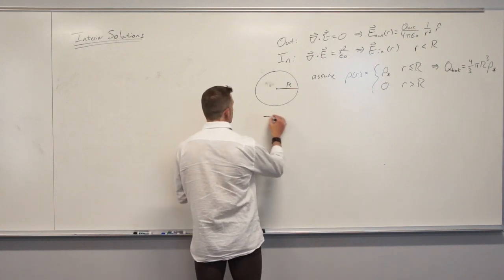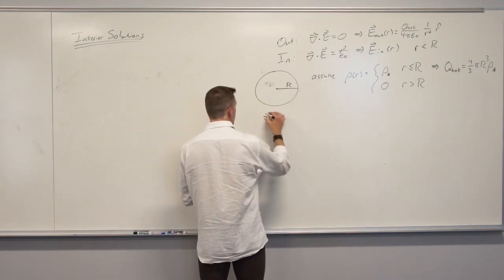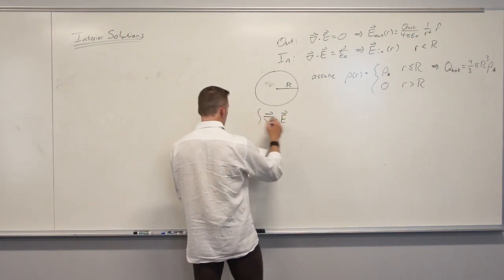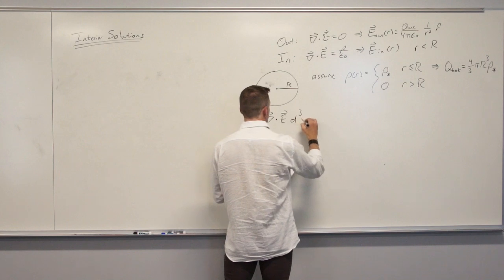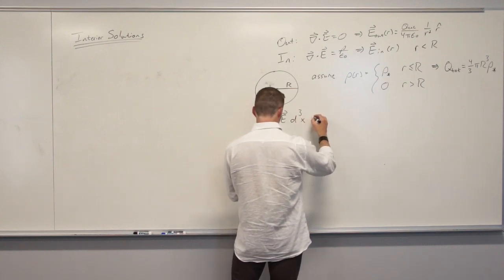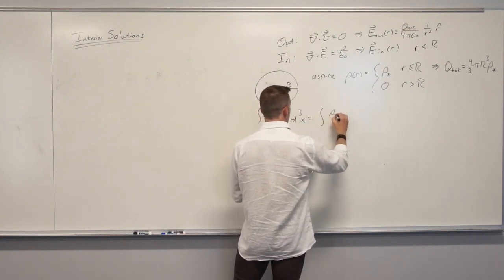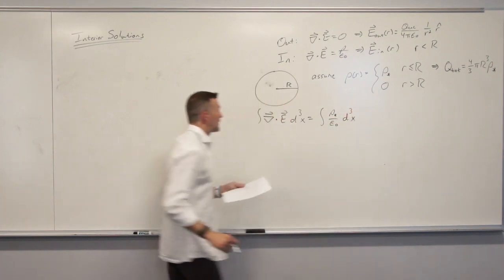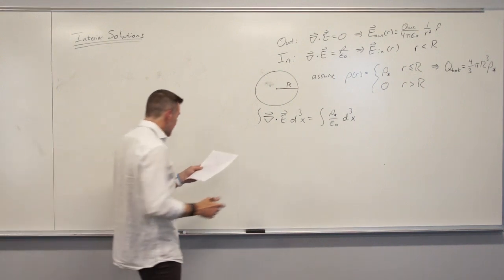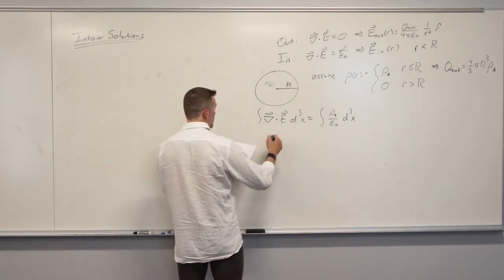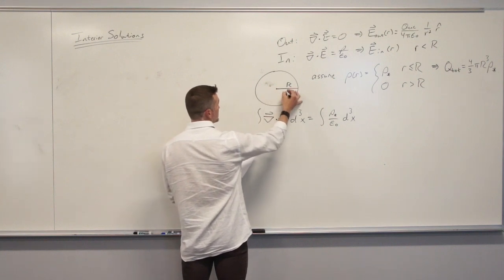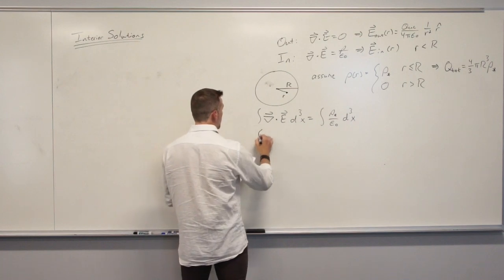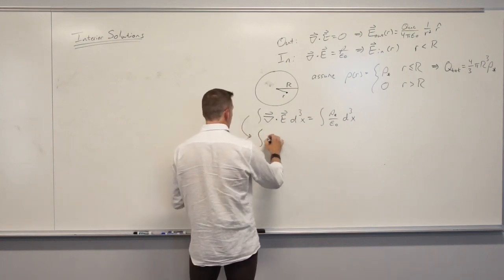And here we go. Kind of playing the same game we played for the exterior, if we integrate this thing over the volume in spherical polar coordinates out to the radius of interest, so maybe we want to go out to here, then we can convert this into a surface integral.